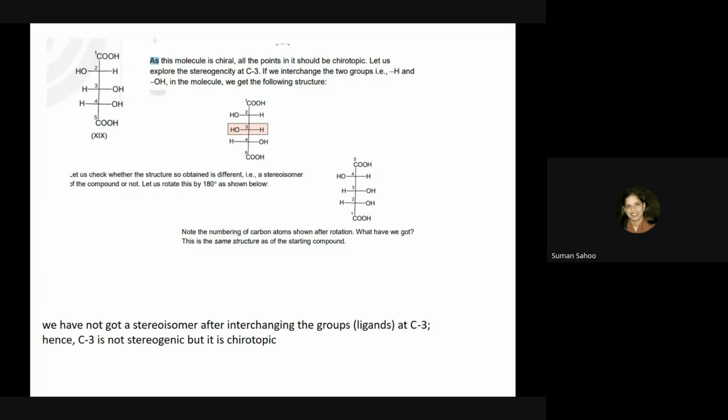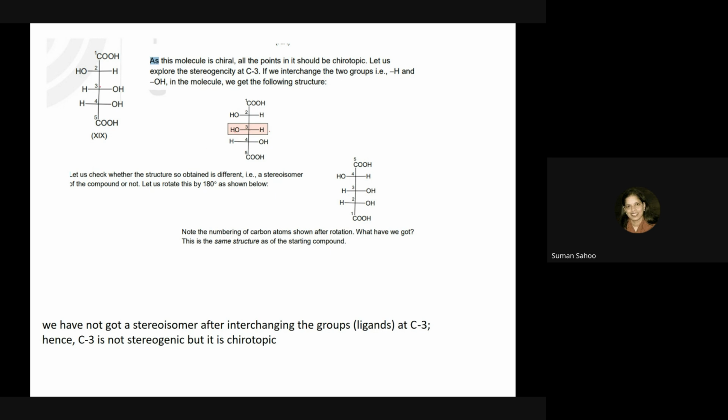Carbon number 3 would be stereogenic if we interchange these groups. H will come onto the left and OH would go onto the right. If it gives a different stereoisomer, we can say that C3 is a stereogenic center. So if we do it, that is going to give us this configuration.